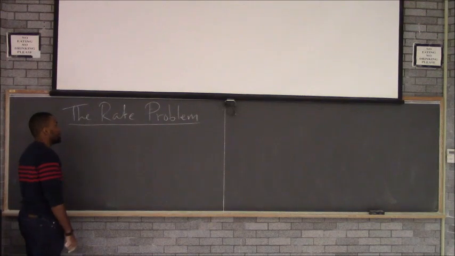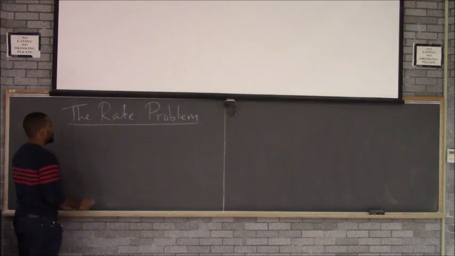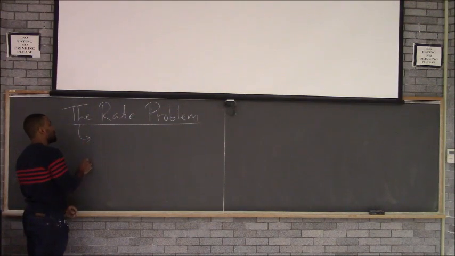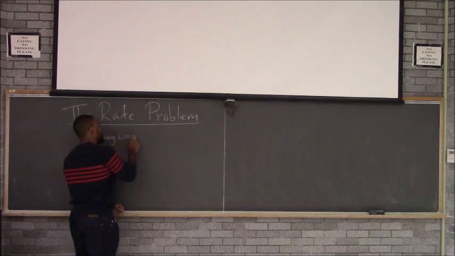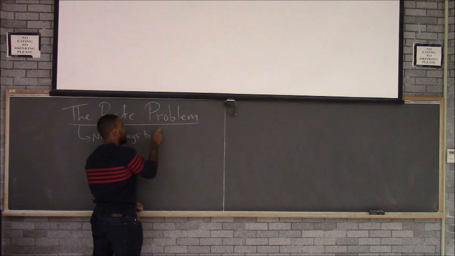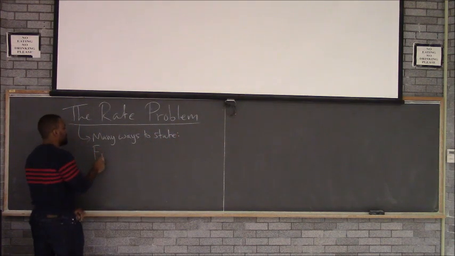So, we are going to attack the rate problem. There are many ways to state it, but I'm going to give you a very intuitive interpretation. Figure out how fast something is moving.